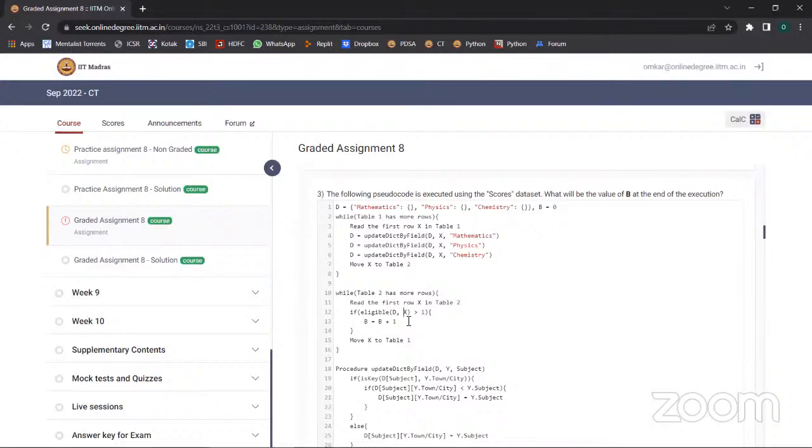Correct. But that much we have finished. Yes, sir. Next. As you have mentioned, as we are iterating on the entire student list, definitely we'll get toppers here and there. So at some point of time, we'll get that C is greater than 1 when the actual topper comes. And that is when B will be incremented.